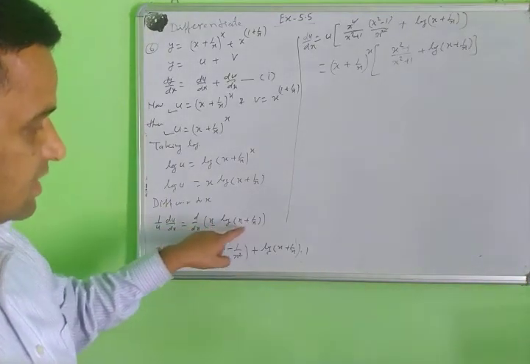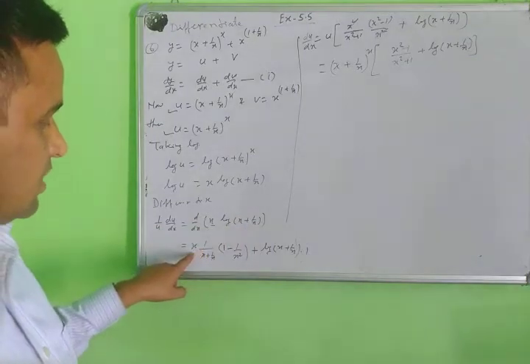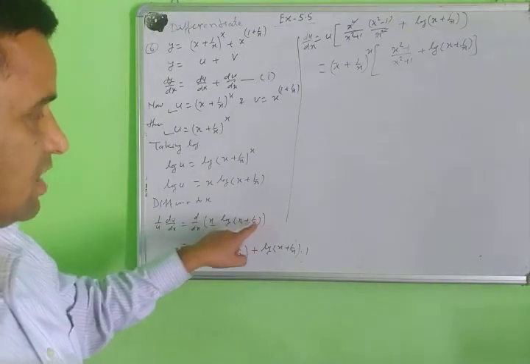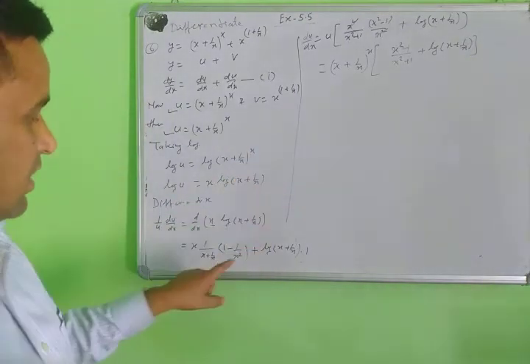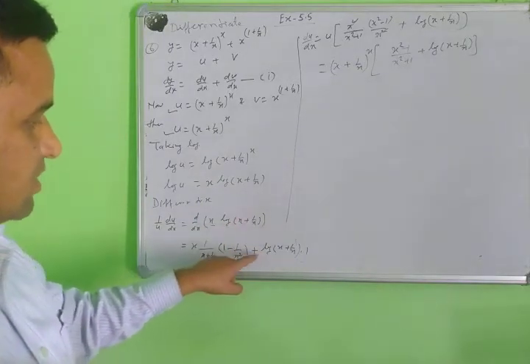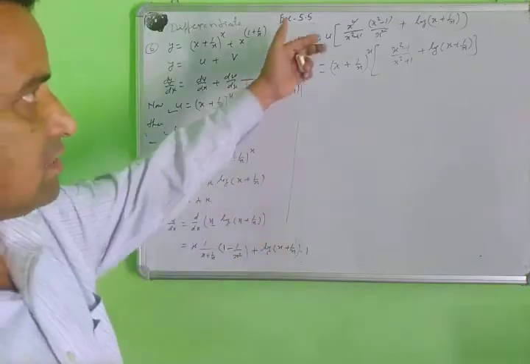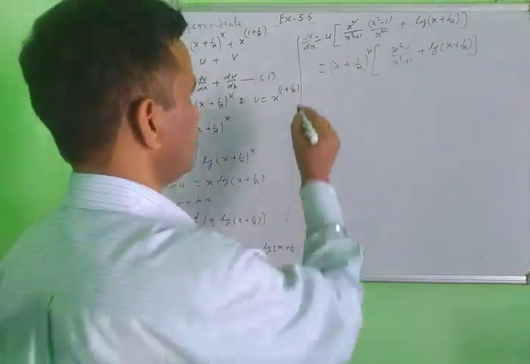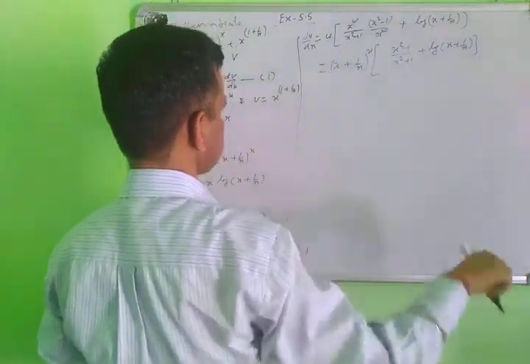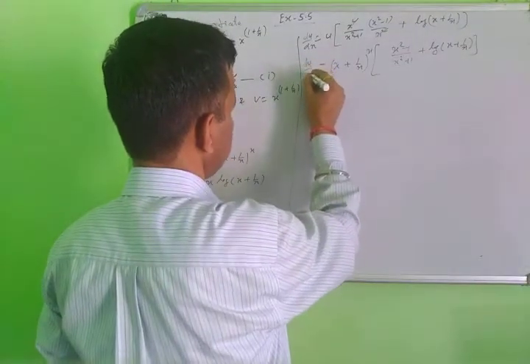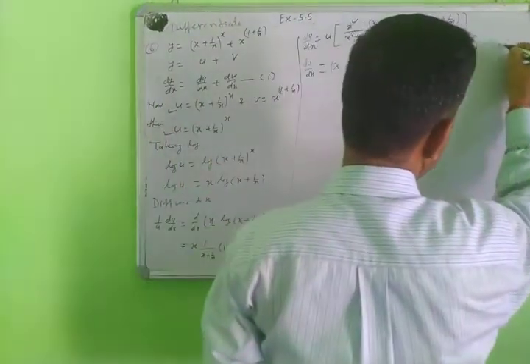This is the first function and this is the second function. First function times the derivative of the second function, which is already differentiated here, plus the second function times the derivative of the first function, which is 1. Then calculate and find the value of du over dx. This is your equation second.